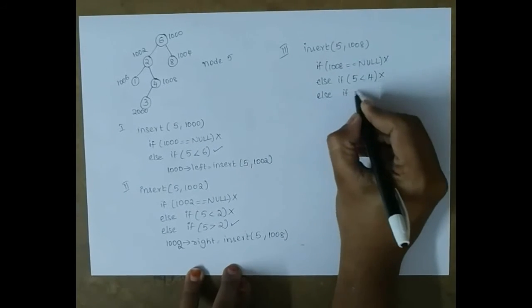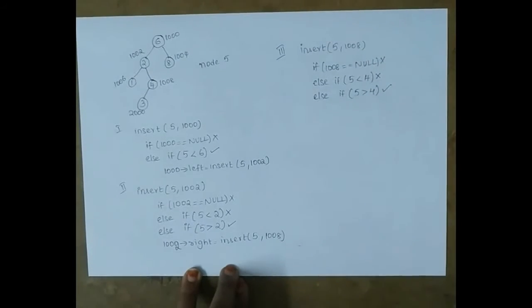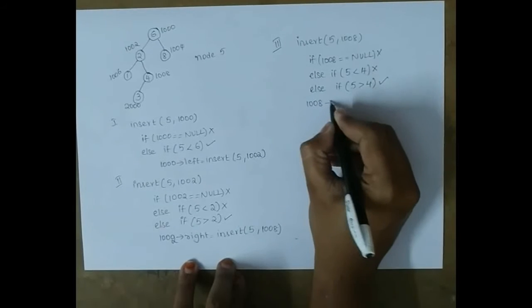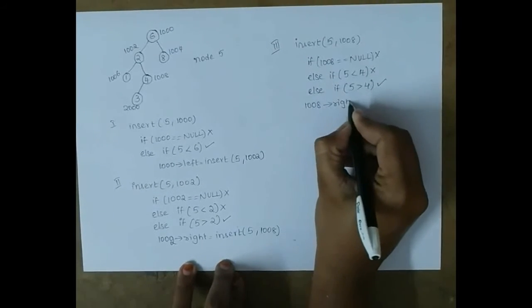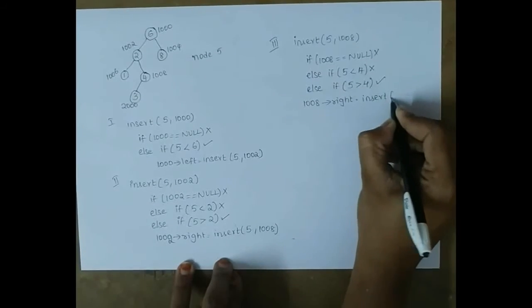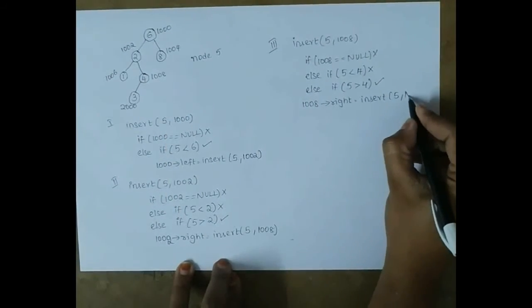Else if 5 is greater than 4, the condition is true. So 1008 of right equals insert 5 comma 1008 of right, which is now null.